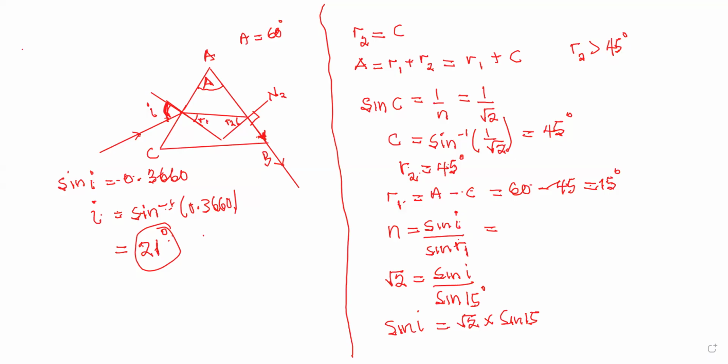You see, you got 21.5 because the refractive index is √2. Maybe you changed 1/√2 into decimal, and because you cannot write everything, 1/√2 would give you 0.7007.